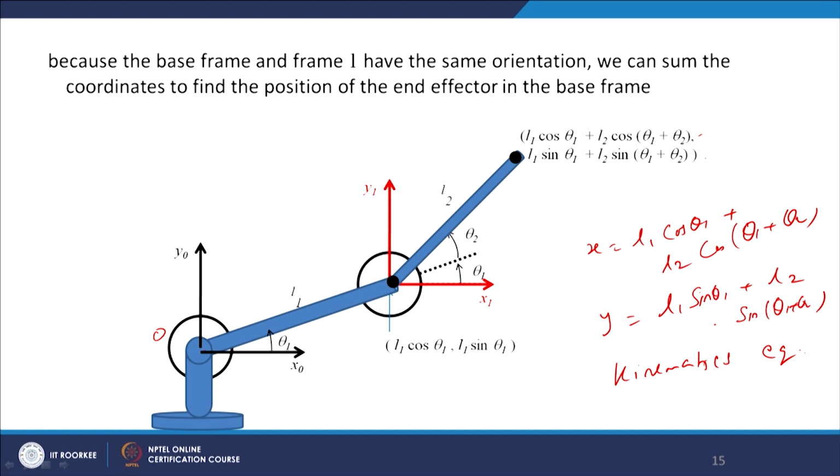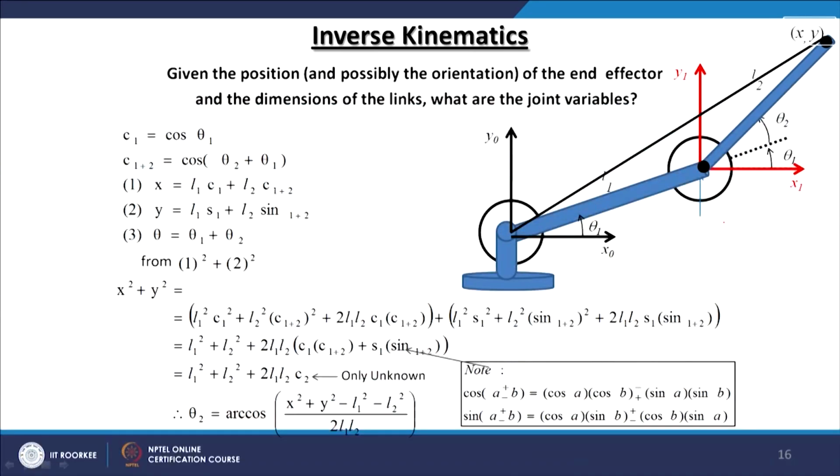Now, if theta 1 and theta 2 are given, it is easy to find x and y. That is called direct kinematics, and if x and y are given, finding the values of theta 1 and theta 2 is called the inverse kinematic solution of the problem.